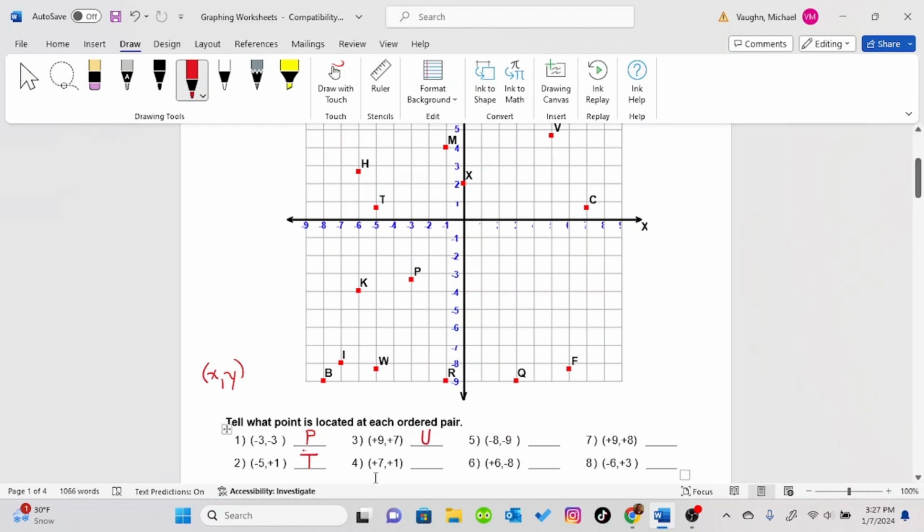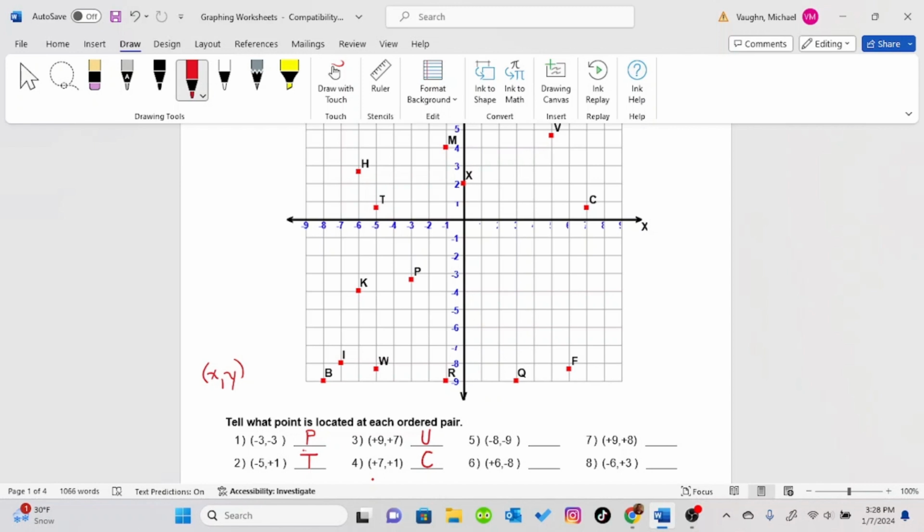Next, we have +7, +1. That means we go right to +7 and up to +1, and that would be point C. Number 5, -8, -9.